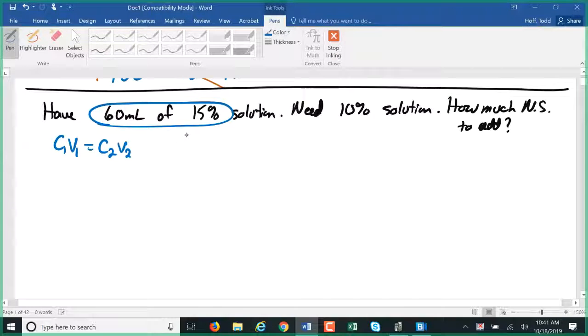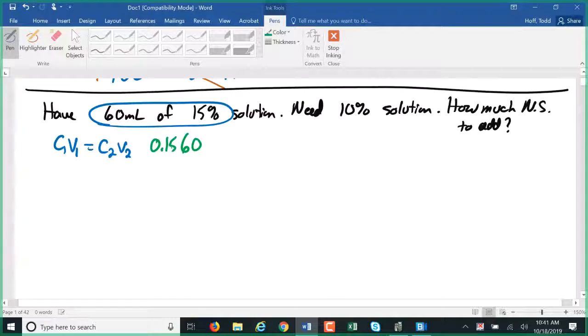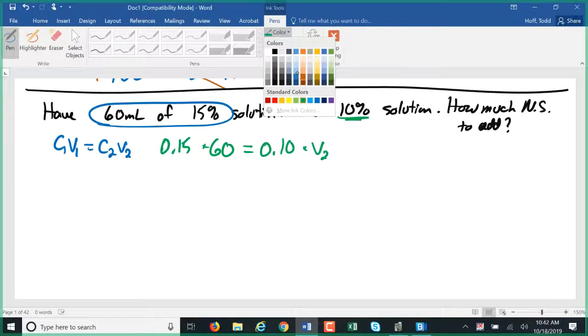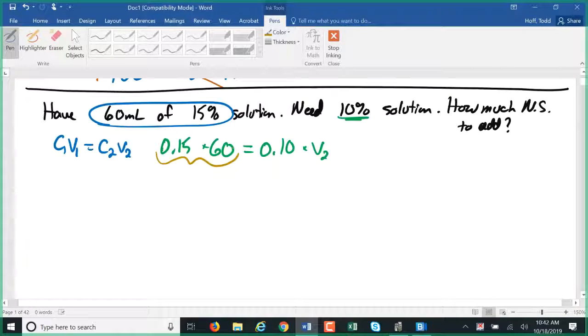So we put that in, 60 milliliters. 0.15 is our concentration times 60 milliliters. Equals our new concentration, which is going to be 0.10. We want it to become 10%, and we're looking for that new volume. 0.15 times 60 is 9.